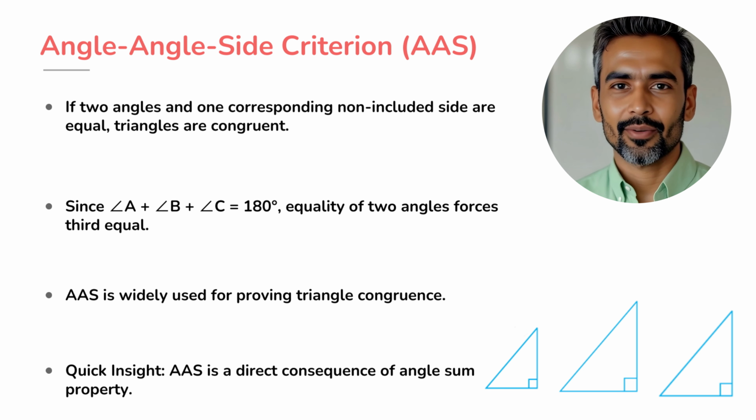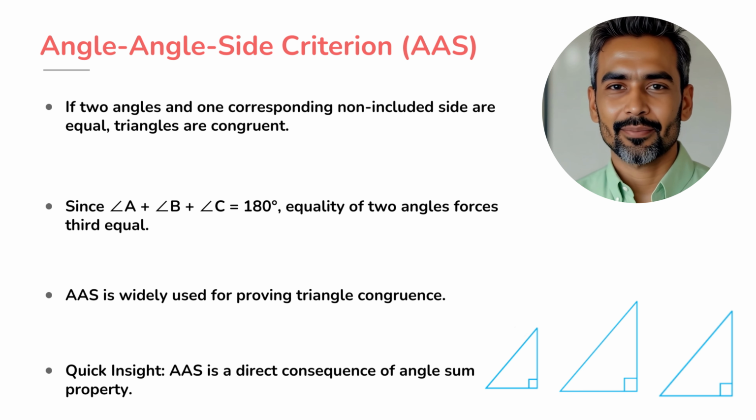Let's now talk about another very useful congruence rule, the angle-angle side criterion, or simply AAS. Imagine two triangles where two angles are equal and one side corresponding to those angles is also equal. In such a case, the triangles are guaranteed to be congruent. Why does this work? Well, remember the angle sum property of a triangle.